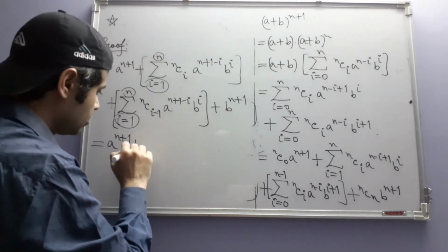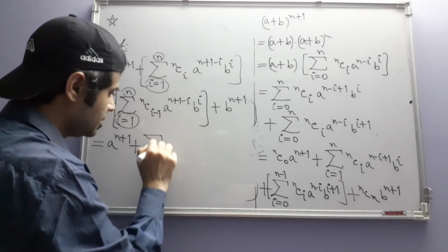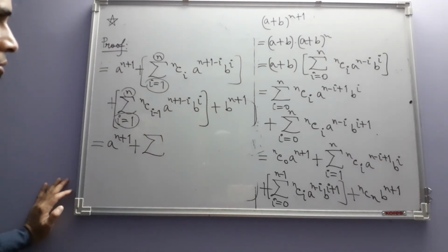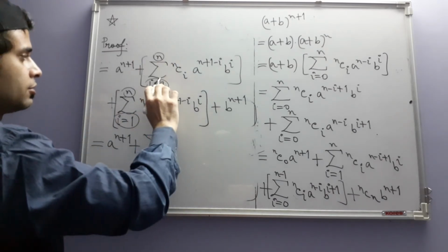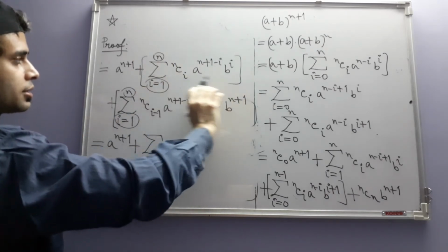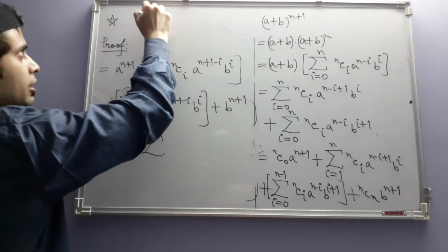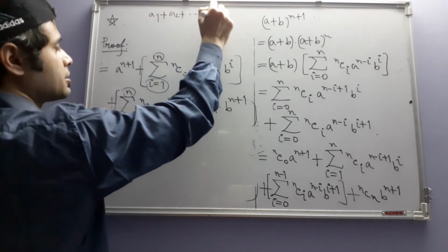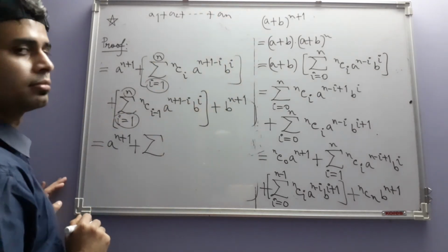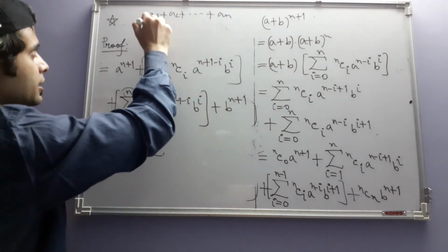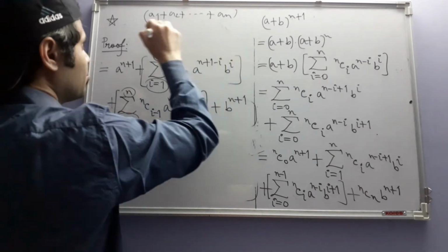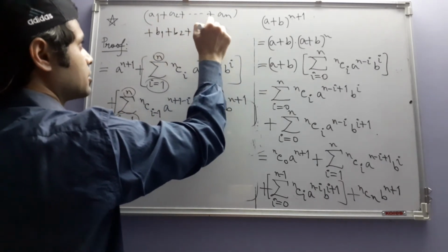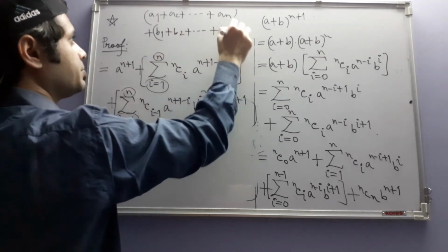So in place of these two sums, I can write a single sum. Let me just show you like this. Suppose the first sum looks like this, a1 plus a2 etc plus an. Okay, and the second sum looks like this, plus b1 plus b2 etc plus bn.